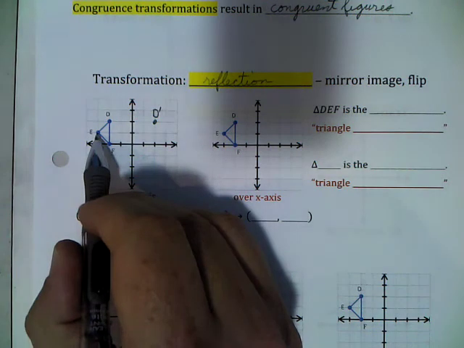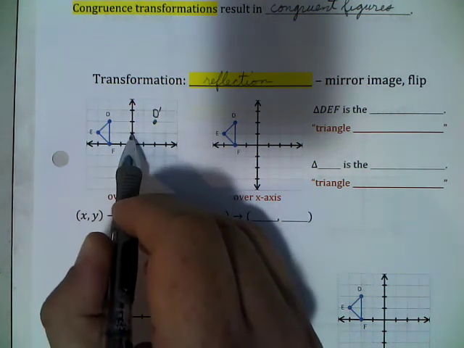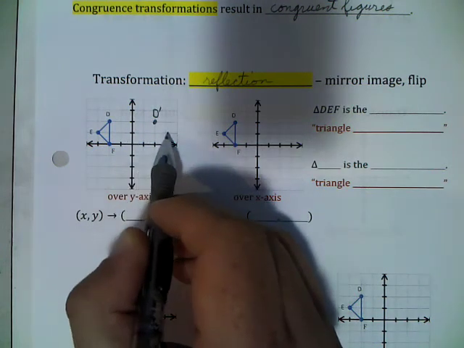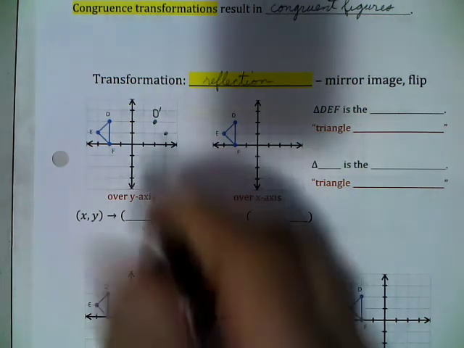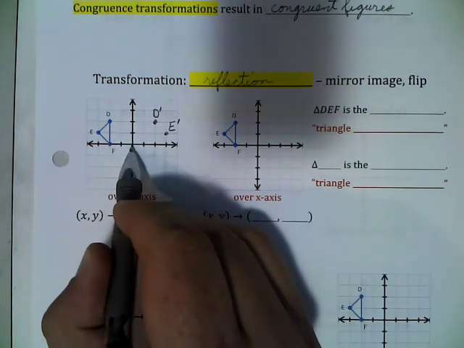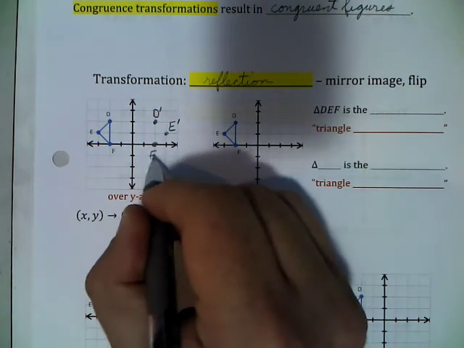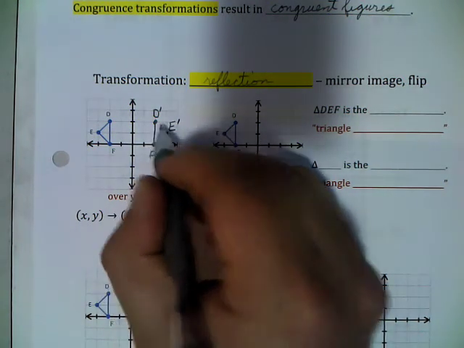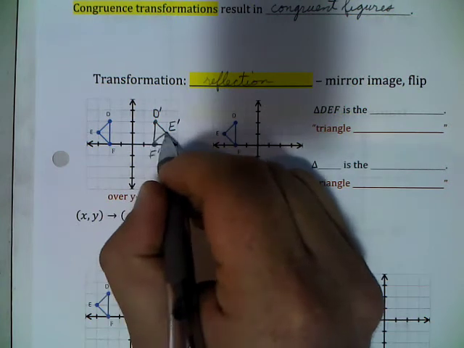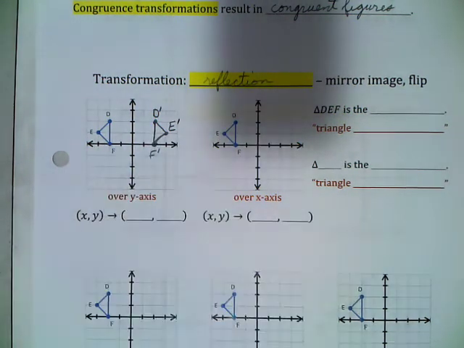And then E here is 1, 2, 3 units away from my mirror, my line of reflection, the y-axis. So we go 1, 2, 3 units on the other side. And so that's E prime. And likewise, F is 1, 2 units away. So 1, 2 units on the other side. There's my F prime. Connect the dots. And it should look like we just reflected this over the y-axis.